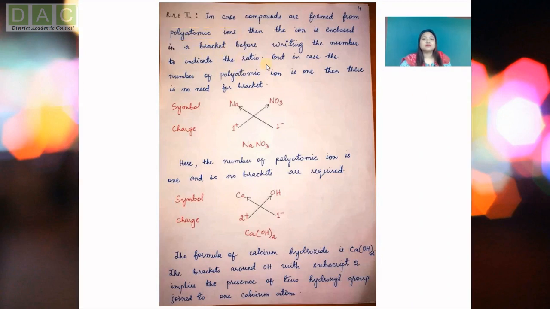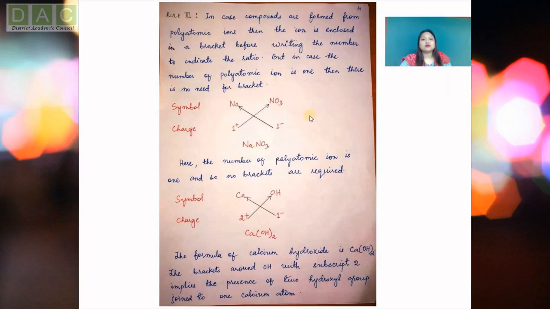If they combine to form a compound, then while writing the chemical formula we have to write the ion in a bracket if there is more than one polyatomic ion. But if there is only one polyatomic ion, then we don't need a bracket.